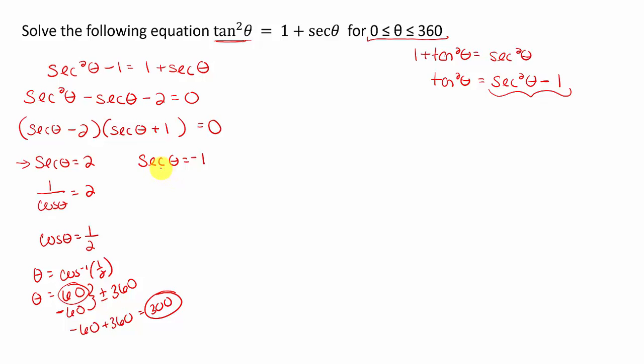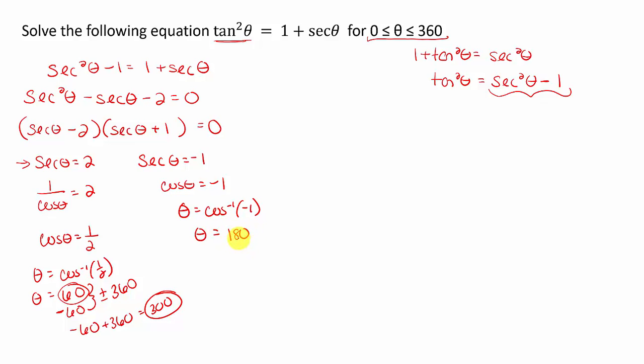Over here, we're going to do the same thing. Secant of theta is equal to negative 1, and it would really be cosine of theta equals 1 over this value, but 1 over negative 1 is negative 1. So negative 1 is the reciprocal of negative 1. And so theta is equal to cosine inverse of negative 1, and that is going to give me 180.